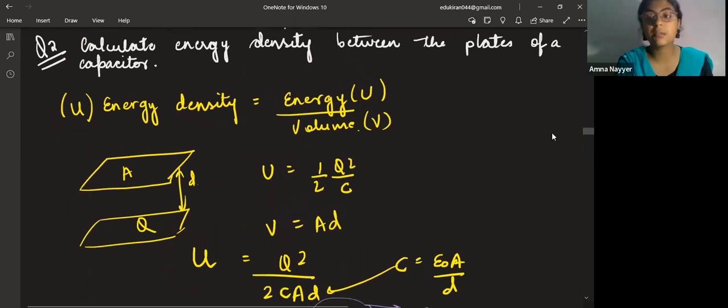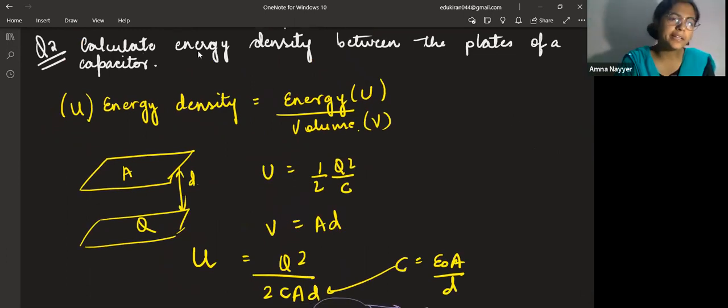And then you have to remember about electrical energy density. Regarding energy density, just remember this fact: wherever the term density is written, usually we write it when we are dividing something by volume, when something is per unit volume. So for energy density, we write energy per unit volume.